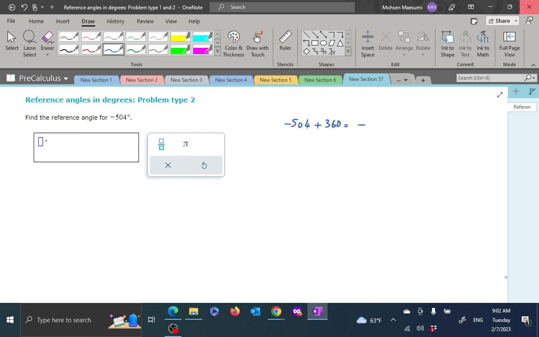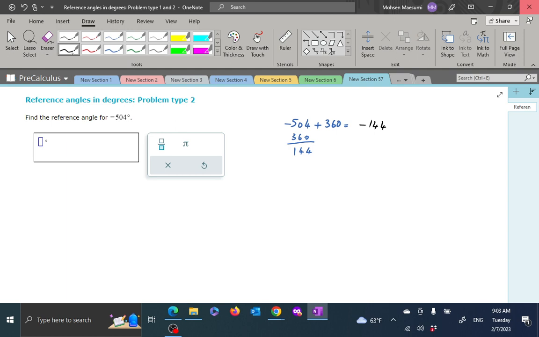I get minus 144. Minus 144 is still negative.